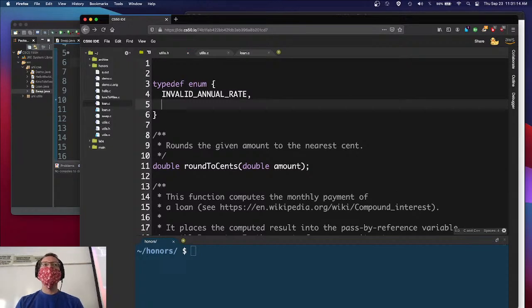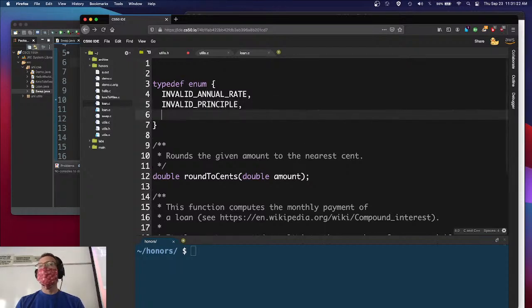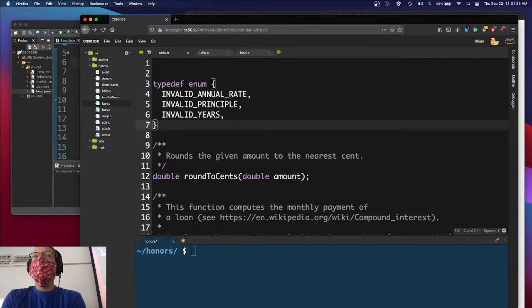What else? What other type of error did we identify? Invalid, what? Principal, okay. Invalid, what was the last one? Terms, years, whatever you want, comma. All right, well, we also had no error, right?